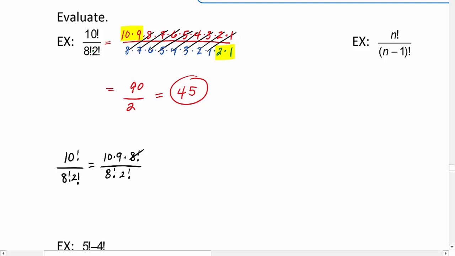And then just cancel those 8 factorials. So that would have left me with 90 over 2 factorial, which is 2 times 1, still getting us the 45. So once you're comfortable with the notation, maybe you can use this shortcut instead of writing out all the numbers.